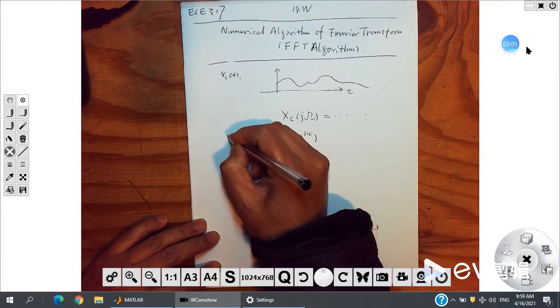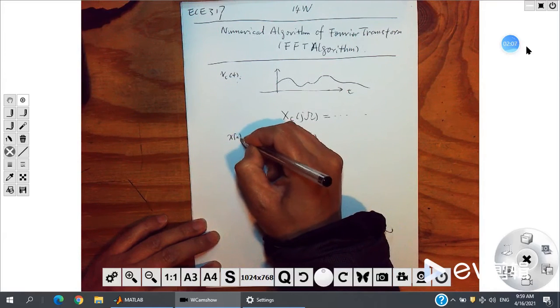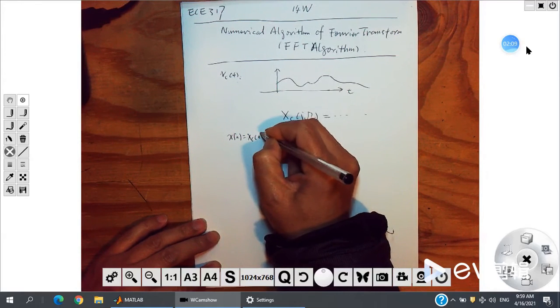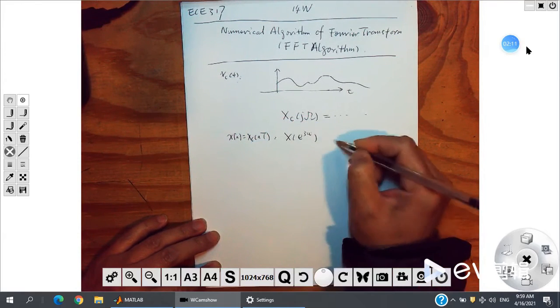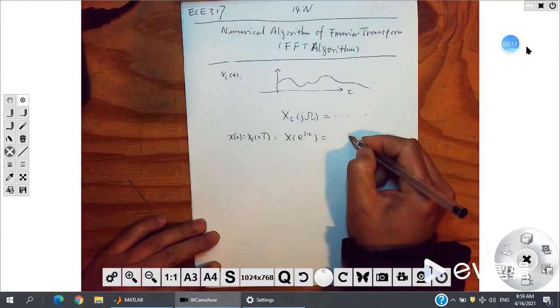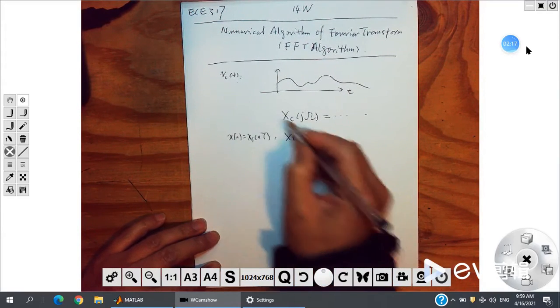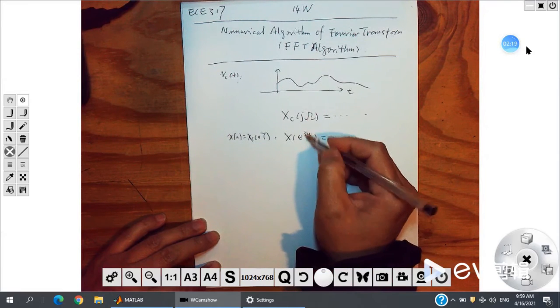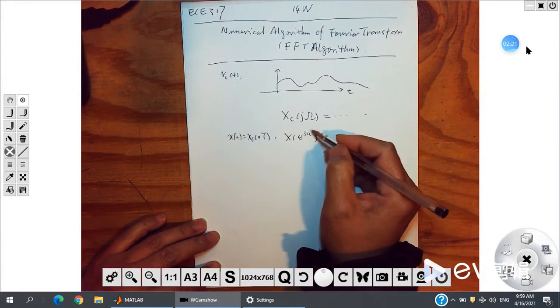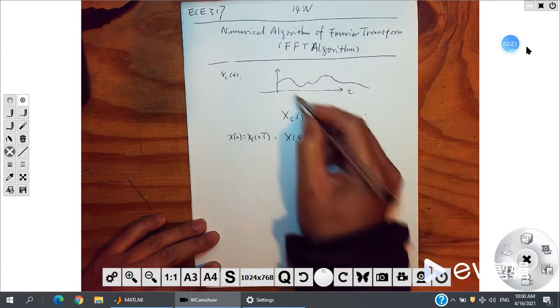We also have a formula in the part on sampling theory, right?